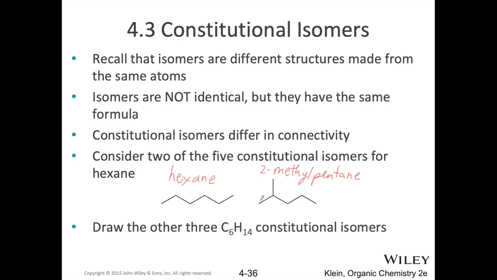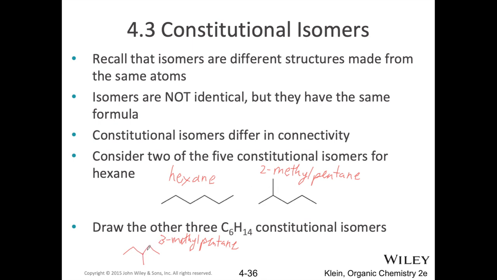If I start off with a pentane as my root word, and I have one of my methyl groups branching off here, could I just move that methyl group and make a new isomer? For example, instead of having that methyl group at this number 2 position, could I have this methyl group over here? Yeah, you could. And this is 3-methylpentane, and that is why it is a different isomer.